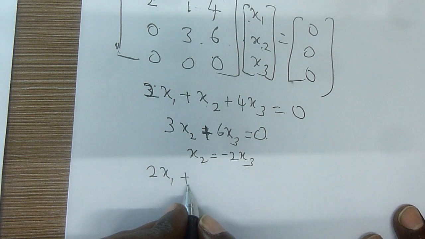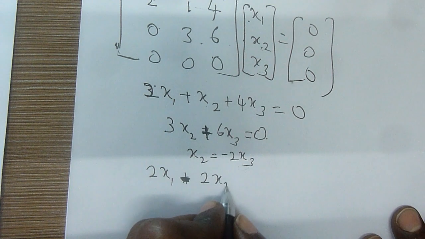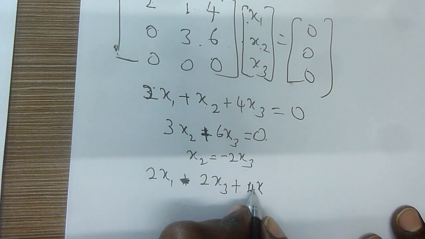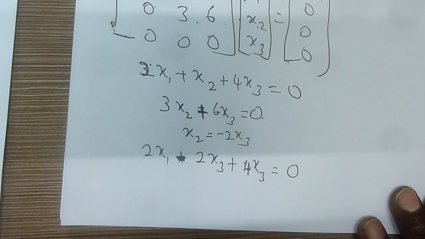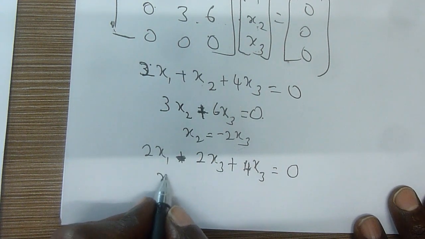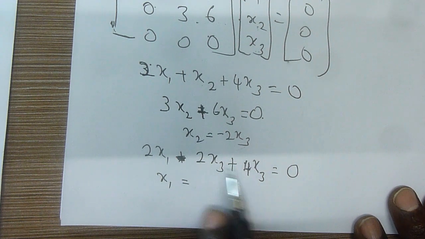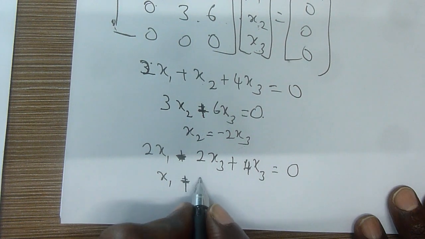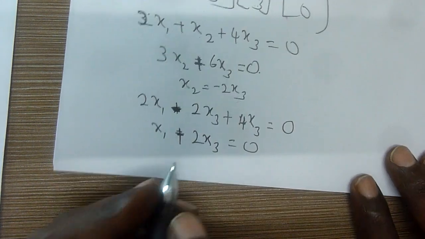2x1 minus 2x3 plus 4x3, you get 2x1 plus 2x3 equals 0.